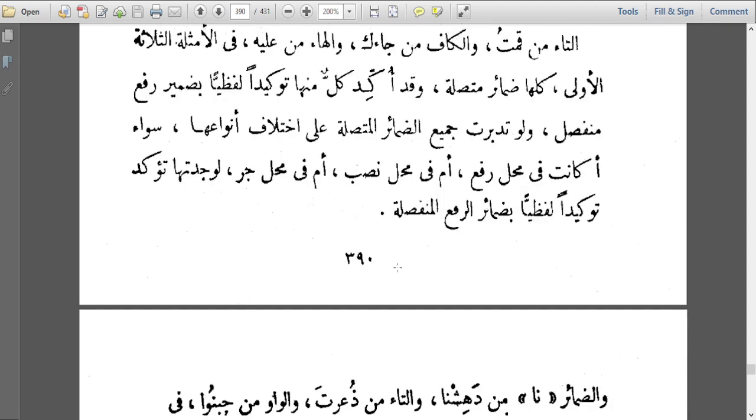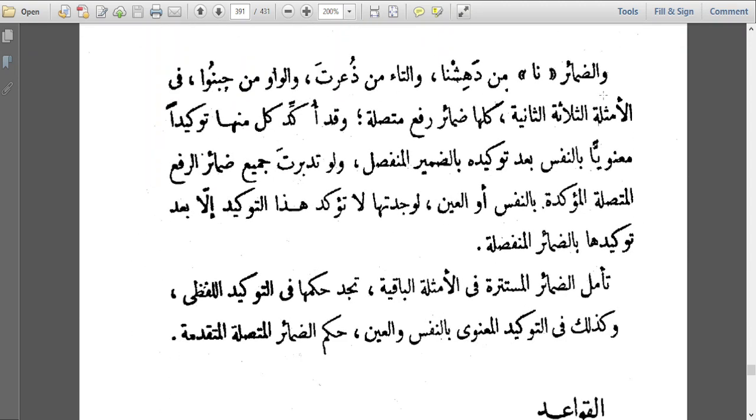Jamil, we come here, says what ضمائر, and the pronouns na min dahishna, the na in dahishna, والتا في من ذعرت, والواو في جبنوا. في الأمثلة الثلاثة الثانية, in the second three examples, it says كلها ضمائر رفع متصلة, they are all ضمائر رفع متصلة.